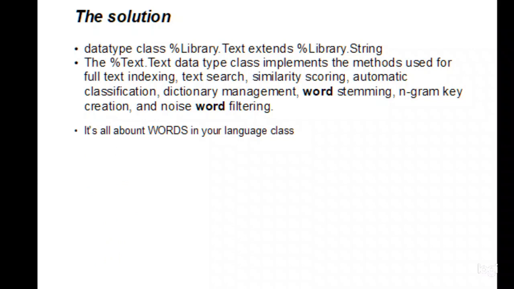The solution is there is a data type text, %text, which is an extension to a normal string, and the text is related to a language pattern that defines how words are organized. And it's all about words. That's the important point.